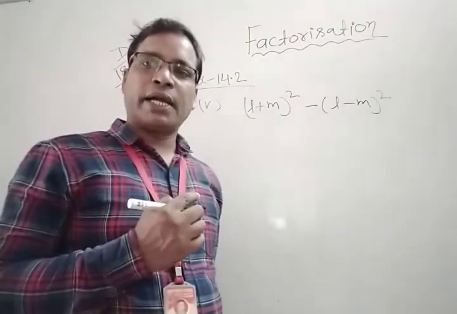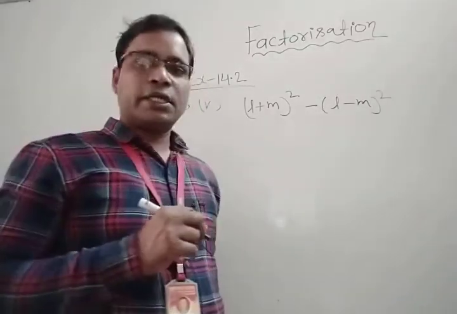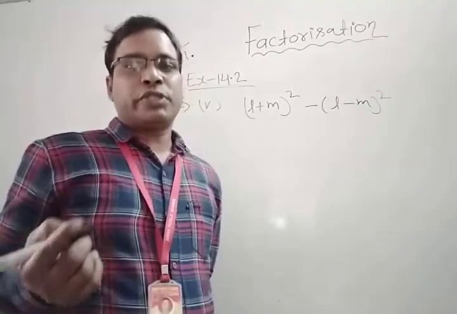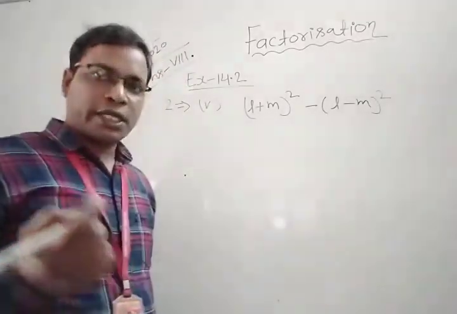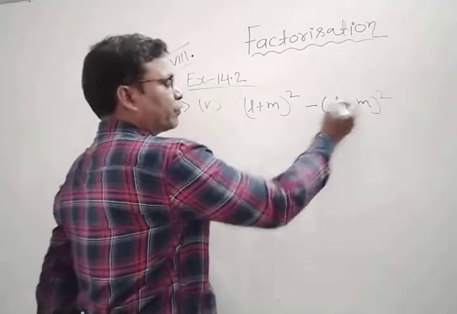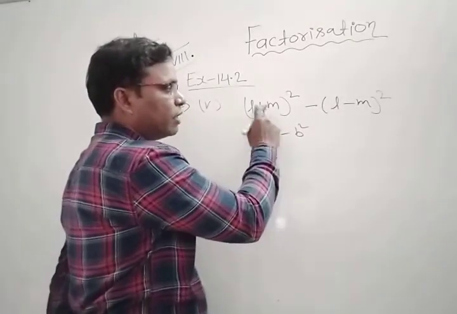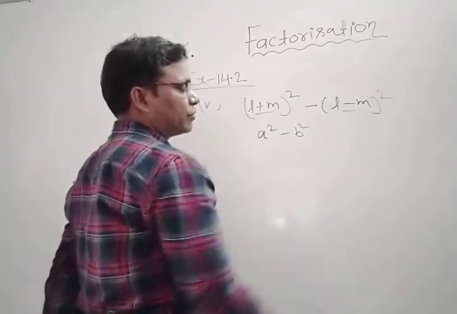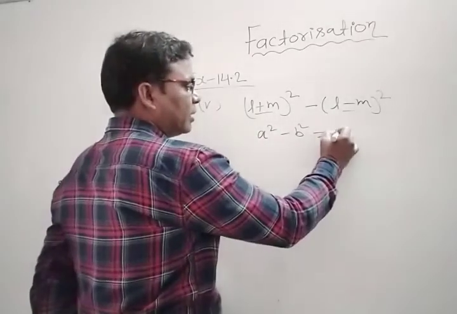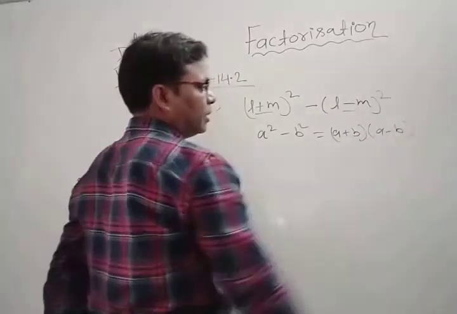You can find the factors of the given expression in two ways. First you use the first and second identities, or you use the third identity. If you use the third identity, this is the form a square minus b square, which is equal to a plus b into a minus b.